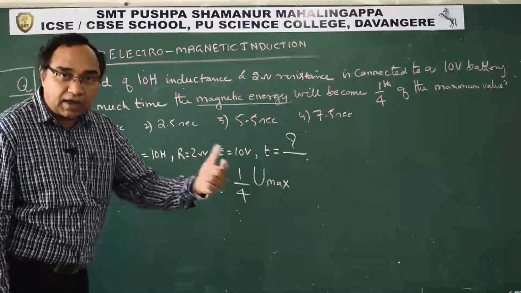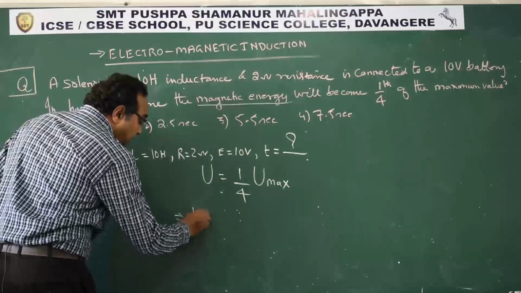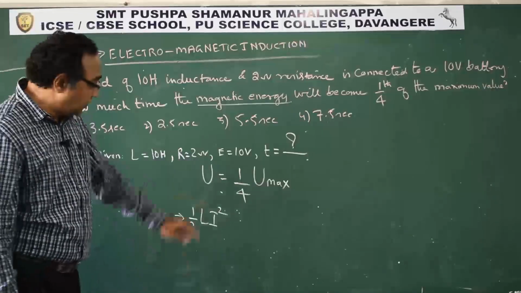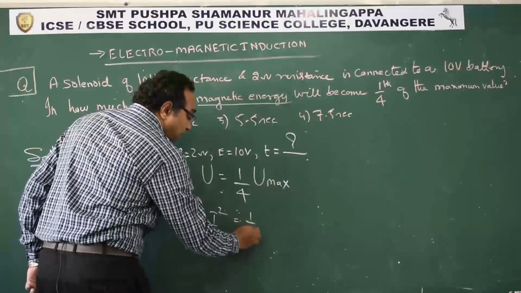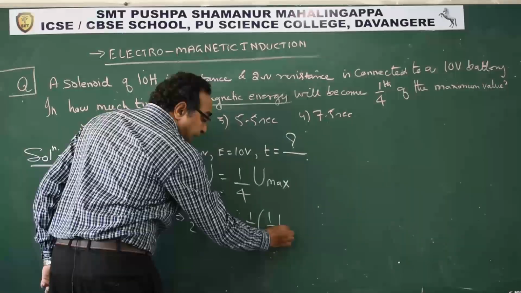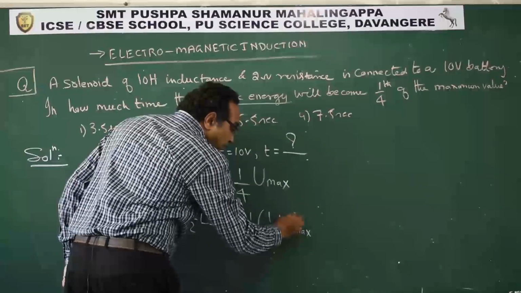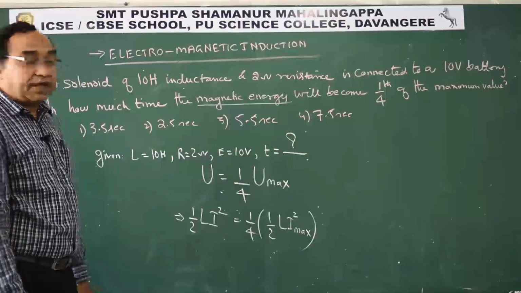Half L i square. This is the instantaneous energy. This will be 1/4 of half L, with L a constant and I the maximum, then you get the maximum energy. This is how we get the equation.